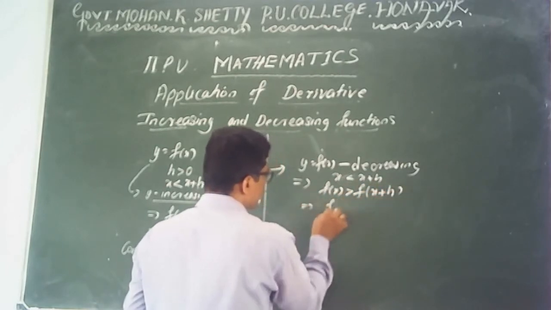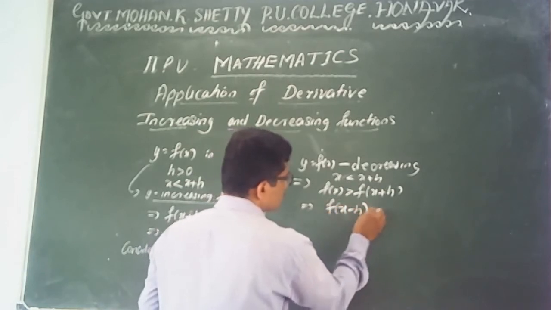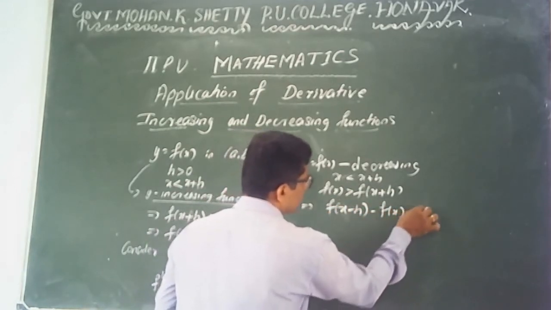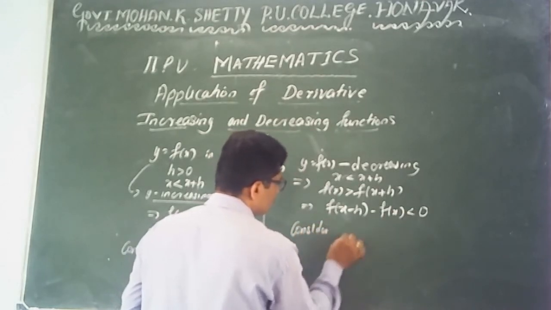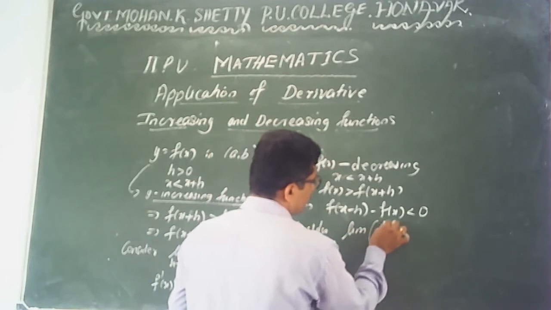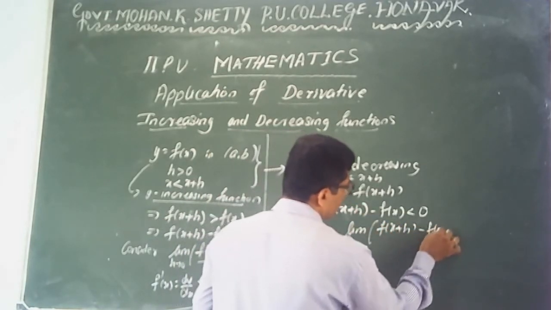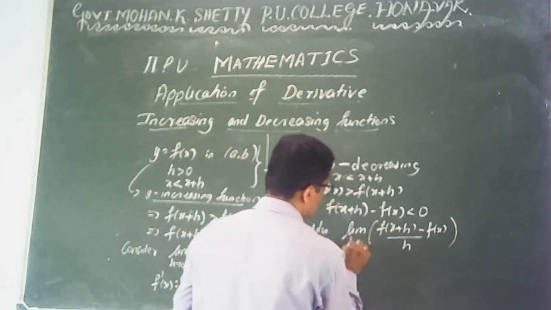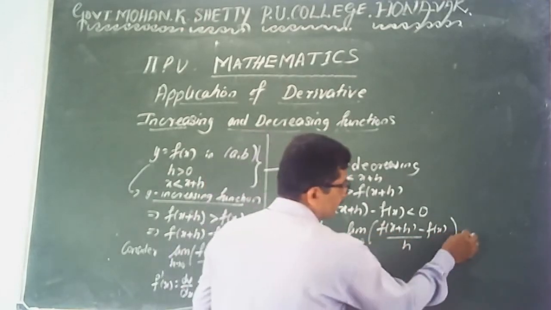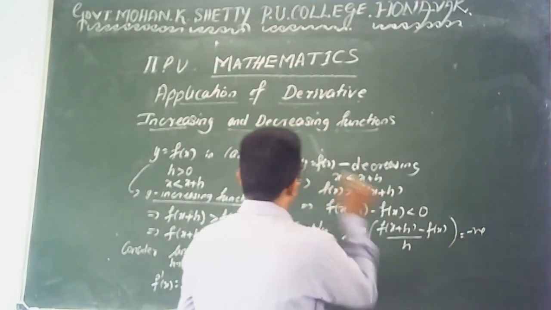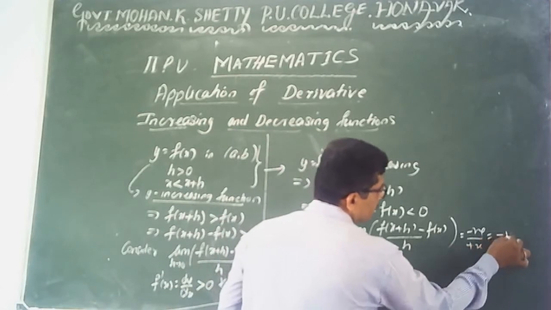It implies f of x plus h minus f of x is negative. By the definition of derivative, the limit of f of x plus h minus f of x divided by h, as h tends to 0. It is differentiable means this limit exists. Here the numerator is negative and h is a small positive quantity, the denominator is positive, therefore this value is negative.